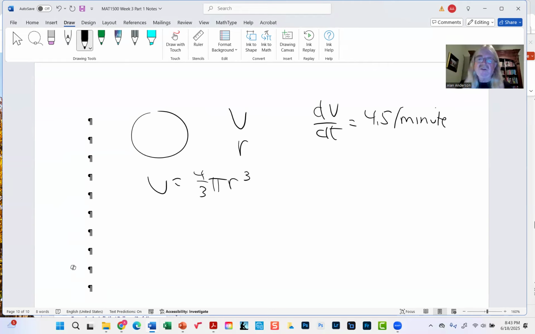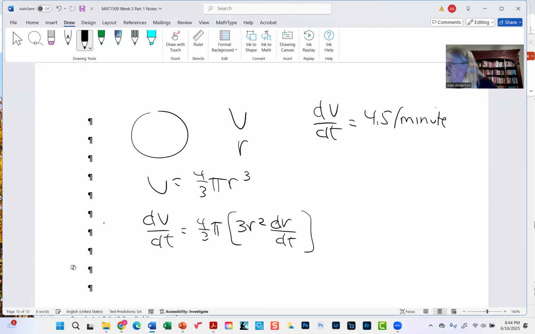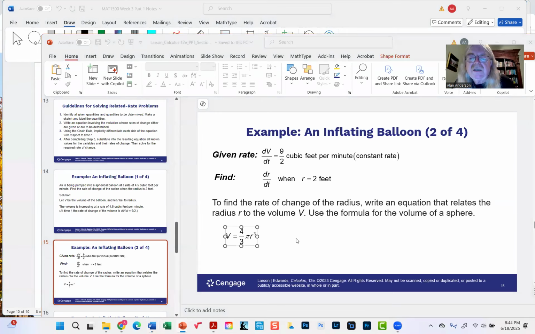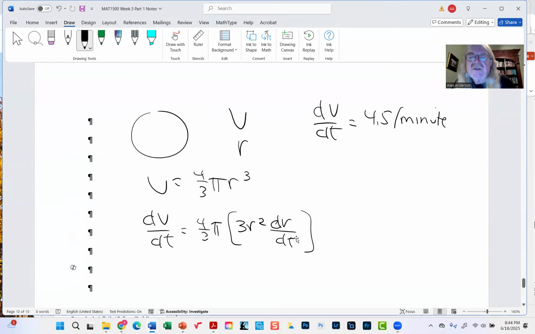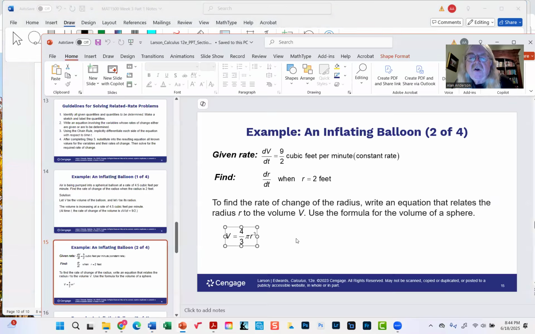This is implicit differentiation. So we apply the power rule to r cubed, and then we need the chain rule. We're solving for dr/dt when r is 2 feet.